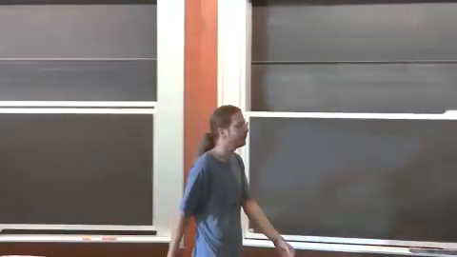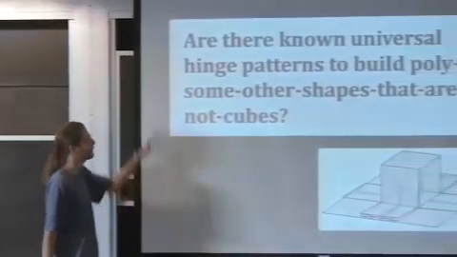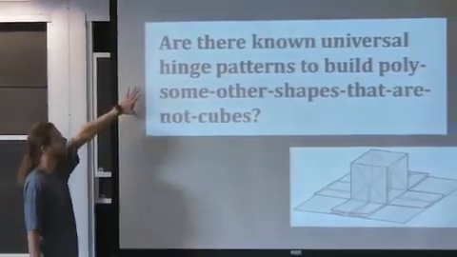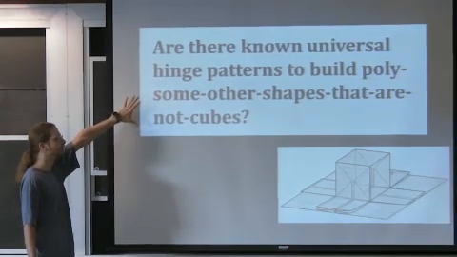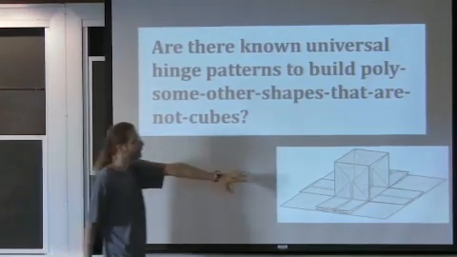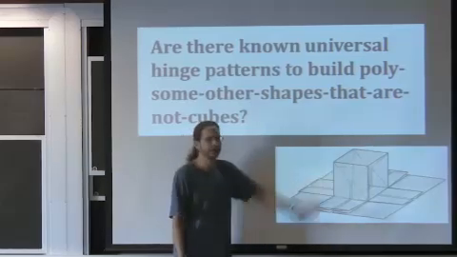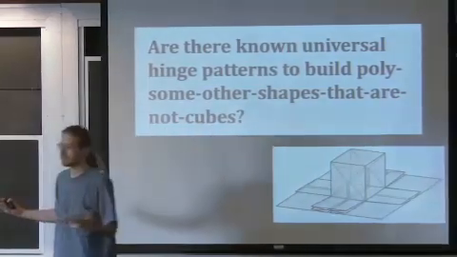So next we go on to, I think it's an open problem. Yeah, this is a cool open problem. For some reason I never thought about it. I've briefly thought about it, but never worked on it. In the same way we get universal hinge patterns, box pleating can make any polycube. What if you want to make, out of this simple cube gadget, can we design an analogous gadget for tetrahedra, octahedra?